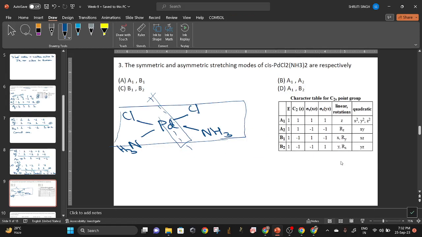Now what do we do first to find the normal modes? What is the procedure? Matrix transformation? No, if you do it with matrix transformation, it will take a long time. What is the shortcut?